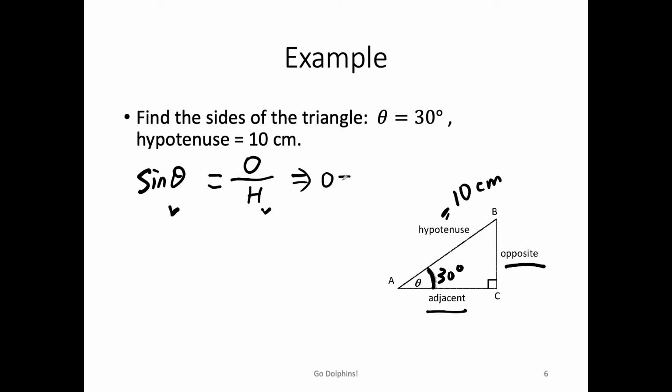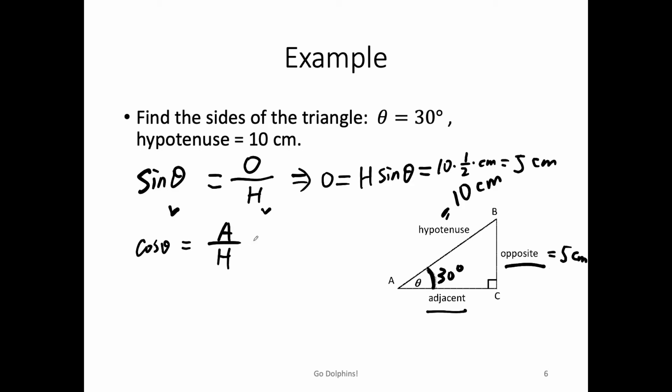So my opposite side is the hypotenuse times sine theta, and sine 30 degrees is 1/2. 10 times 1/2 centimeter is 5 centimeters. So the opposite side is 5 centimeters. Now I need to find the adjacent side. You can do the same thing. Cosine theta is adjacent side over hypotenuse.